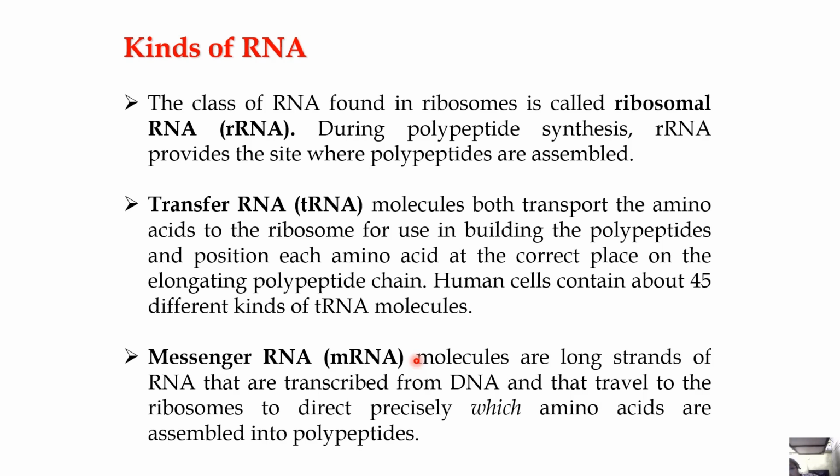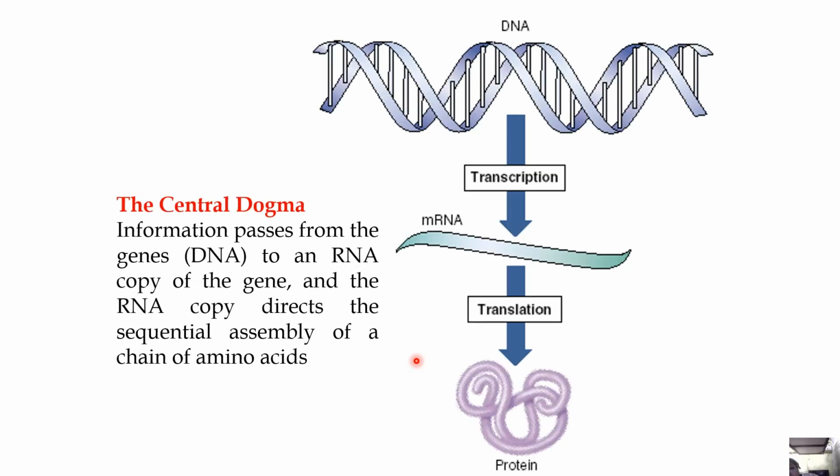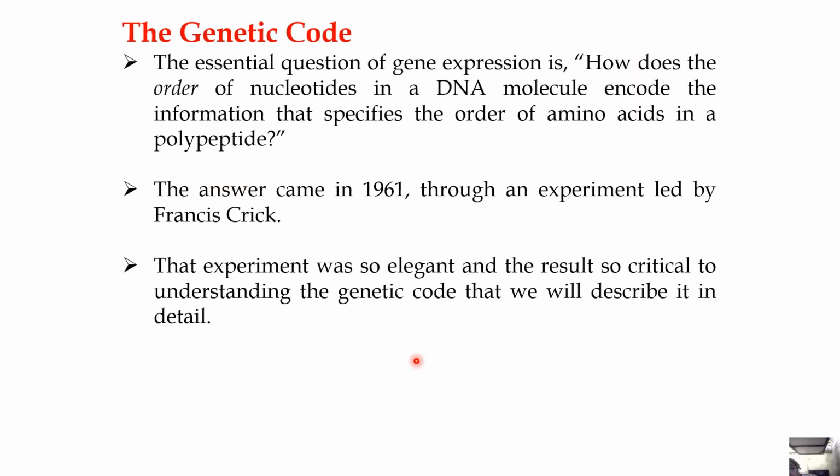Human cells contain about 45 different kinds of tRNA molecules. Then we have messenger RNA molecules, long strands of RNA that are transcribed from DNA and travel to the ribosomes to dictate precisely which amino acids are assembled into polypeptides. So it follows the central dogma. The information passes from the DNA to an RNA copy of the gene, and the RNA copy dictates the sequential assembly of a chain of amino acids.